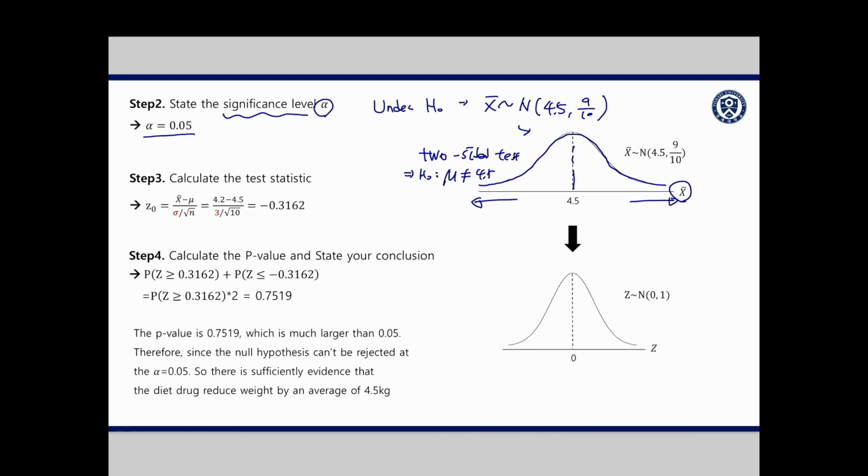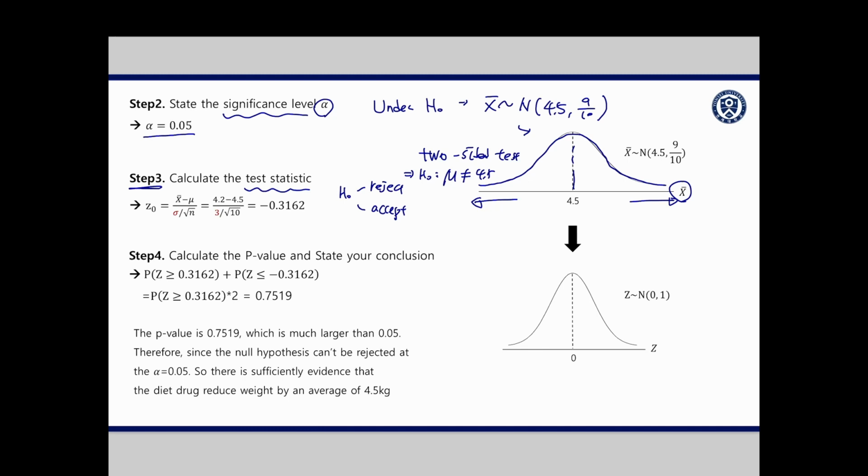Therefore, we have to calculate the test statistic for this step 3. So the third step is to calculate the test statistic that determines the rejection or acceptance of the null hypothesis H0.